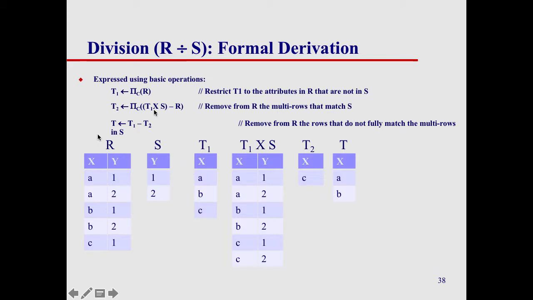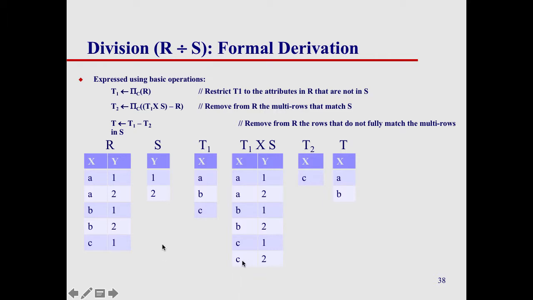Then step 2 is we take the cross product of all the tuples in T1 with the tuples in S. Okay, so that gives us this relation right here. So what that means is if these tuples in R matched every row in S, this is what that relation in R would look like.